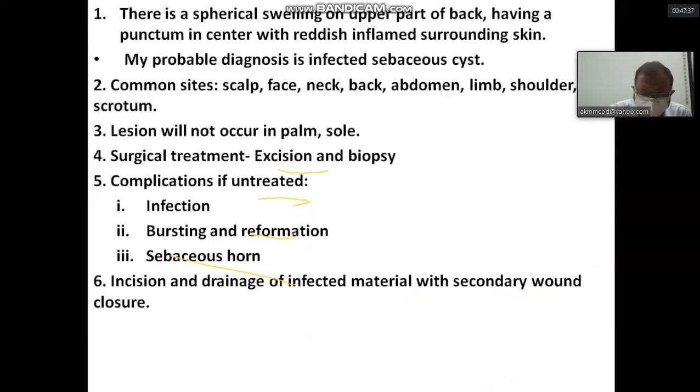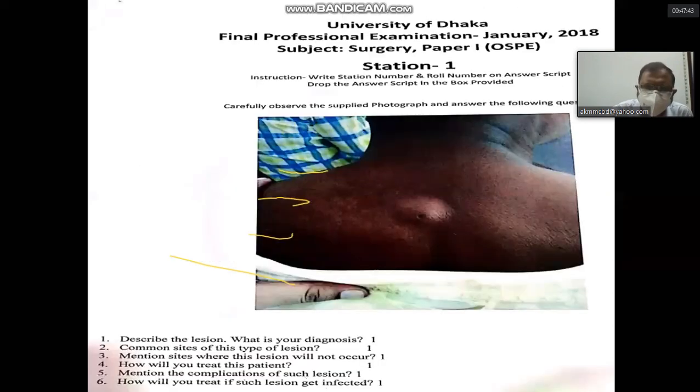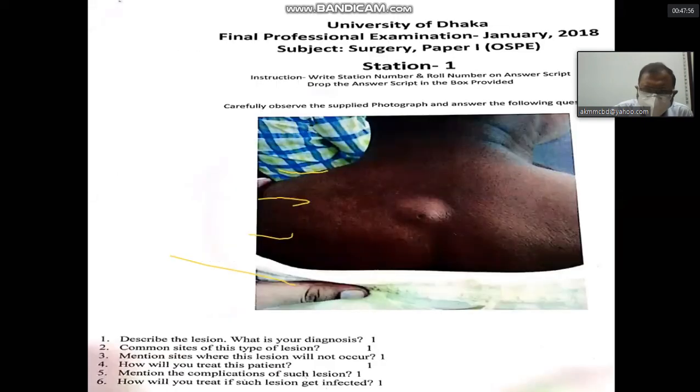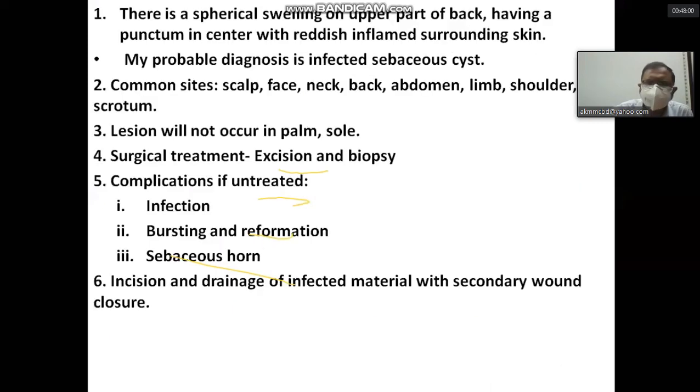When you have to say the findings, you have to say it like this. There is a spherical swelling. See the shape of the swelling. This is spherical. Spherical swelling on upper part of back, having a punctum in center with reddish inflamed surrounding skin.